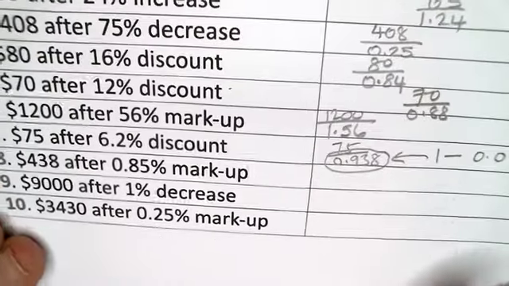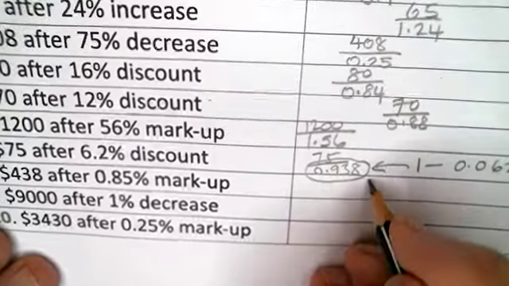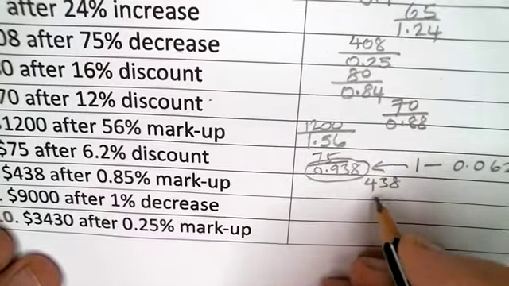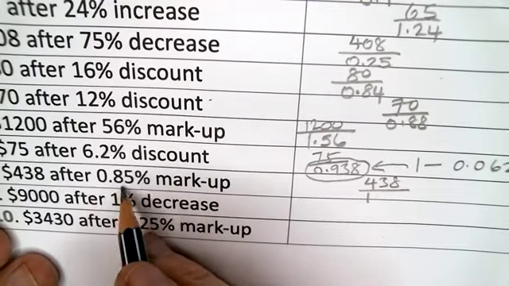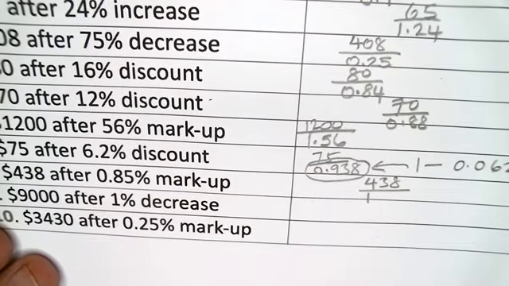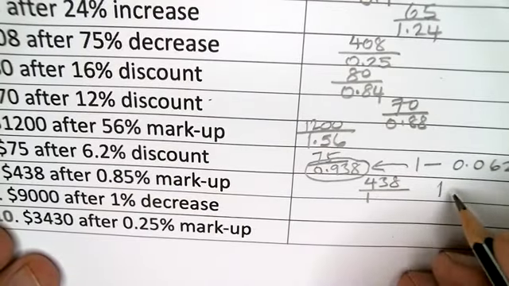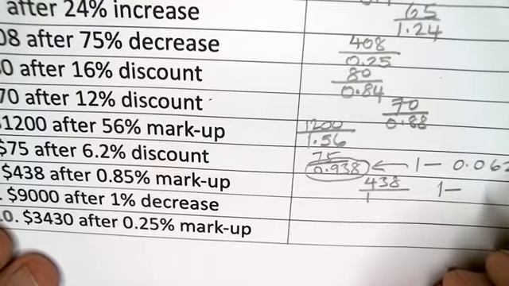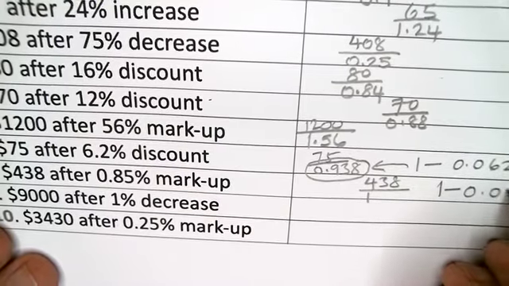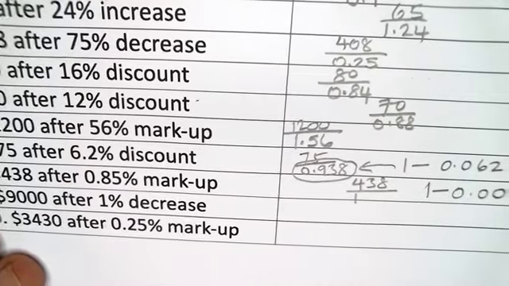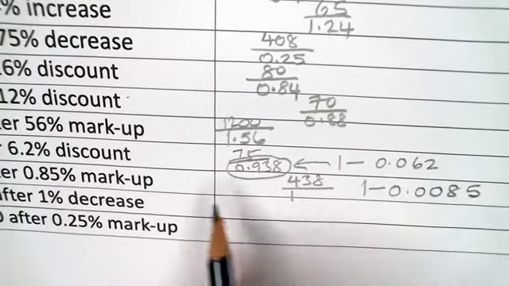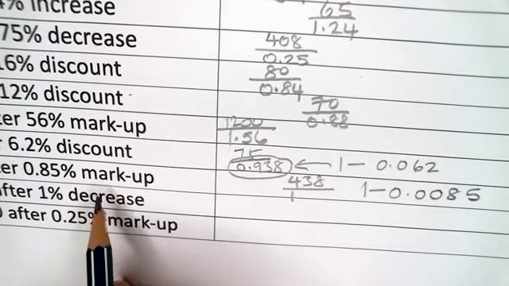An 85% markup? No, a 0.85% markup. We're better on the calculator. So I'm going to take 0.85 divided by 100, which is 0.0085.